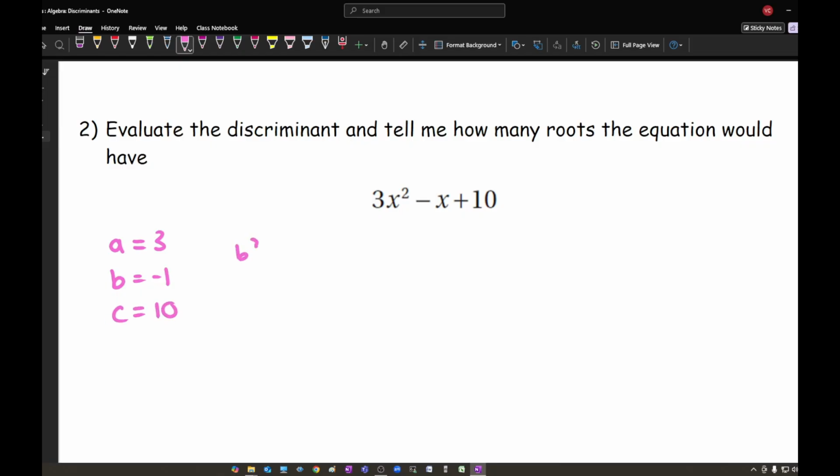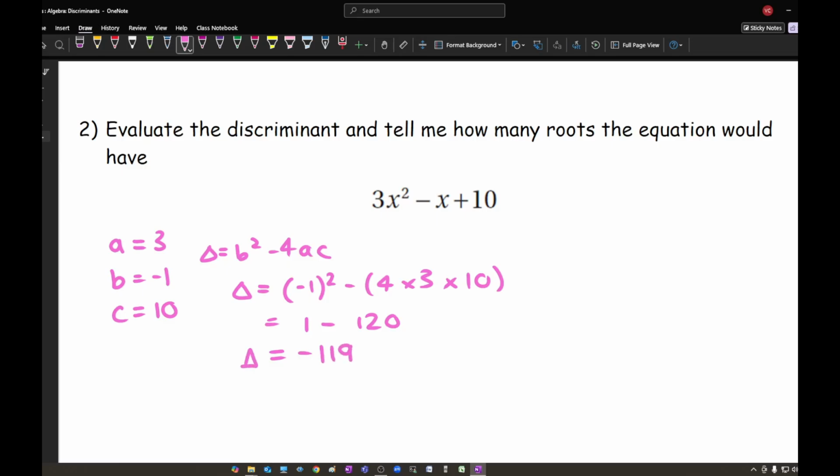So then writing the discriminant values, we then have that delta equals -1 squared minus 4 times 3 times 10, which is going to equal 1 minus 120, giving me an answer of -119. So as b squared minus 4ac is less than 0, we have no real solutions.